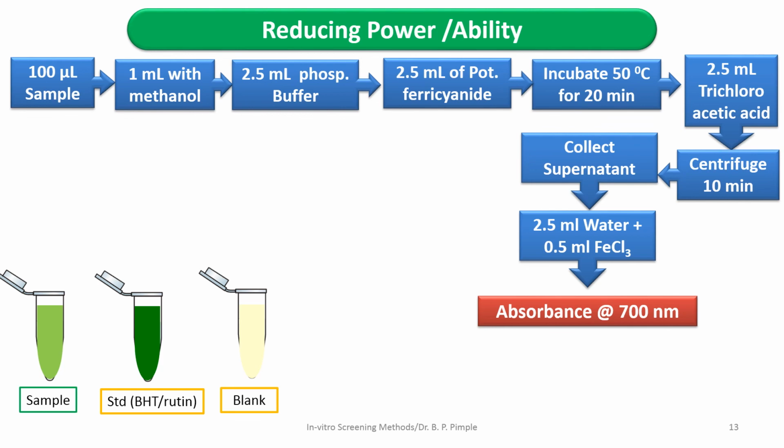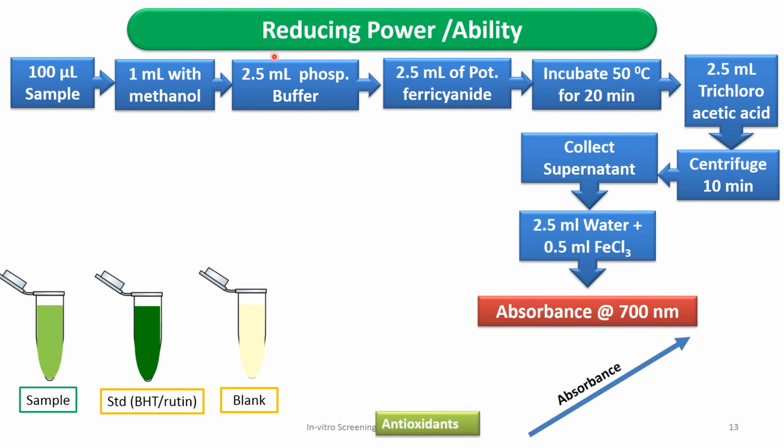And if you look at the absorbance here, as compared to the previous studies, the absorbance shoots up. That is, antioxidants increase the absorbance in this case. So this is the reason why I have shown a different graphical representation. Absorbance increases in reducing power.